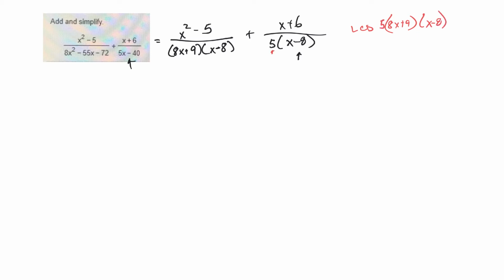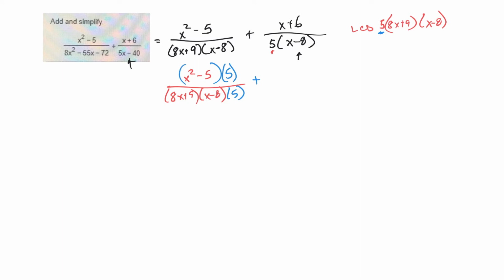Okay, so let's change that first term. So I have this, and when I compare it with the lowest common denominator, it looks like I'm missing a 5, so put a 5 here too. If I do it on the bottom, I have to do it also on the top.